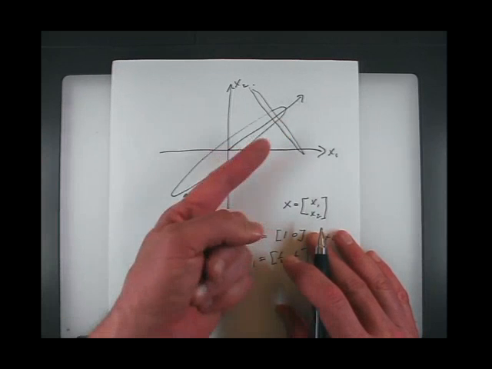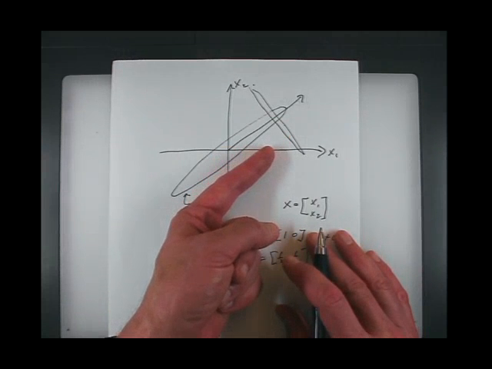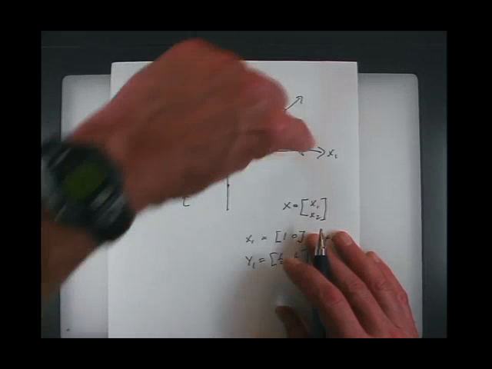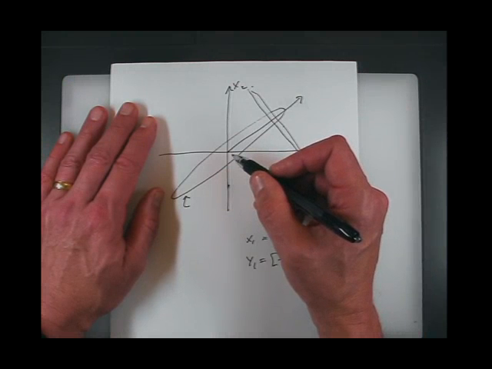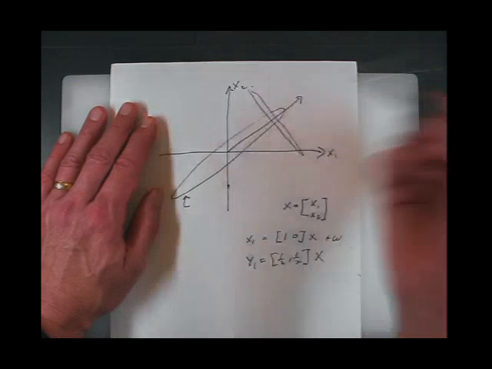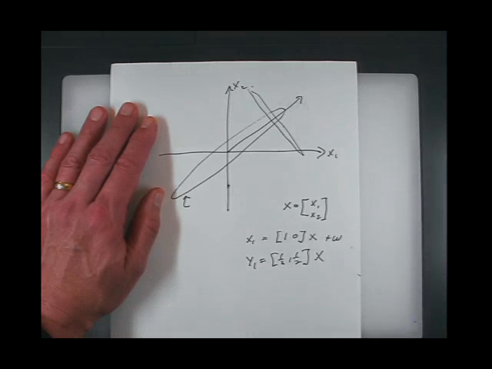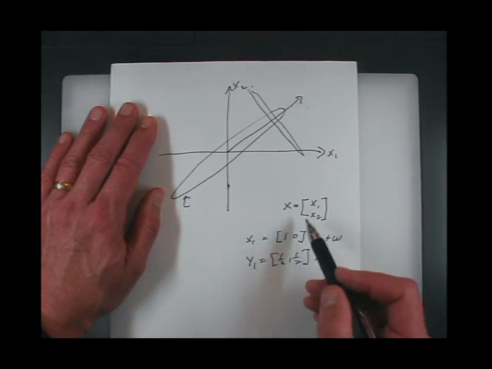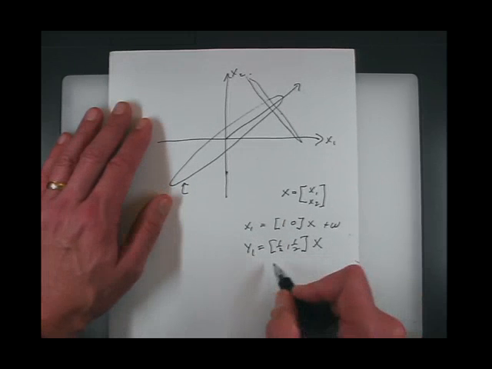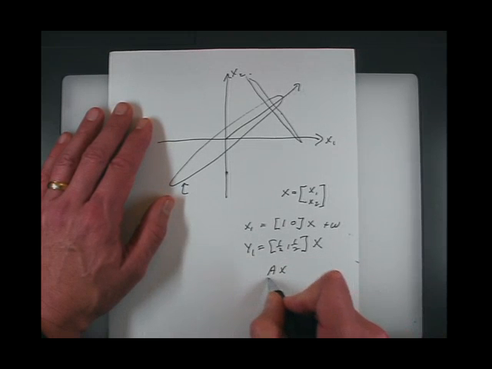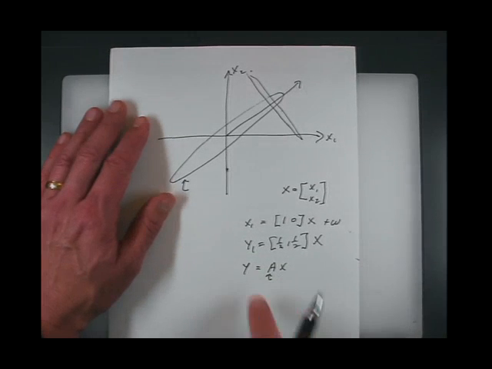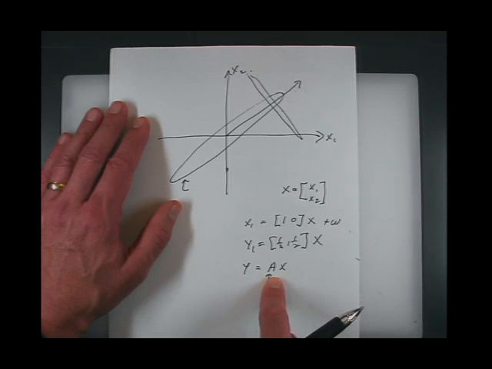If I just measured one pixel, that wouldn't be nearly as good as measuring them both together. So one conservative thing to do is to populate this matrix A randomly. Just put random entries into A, and then you'll get random projections of X.